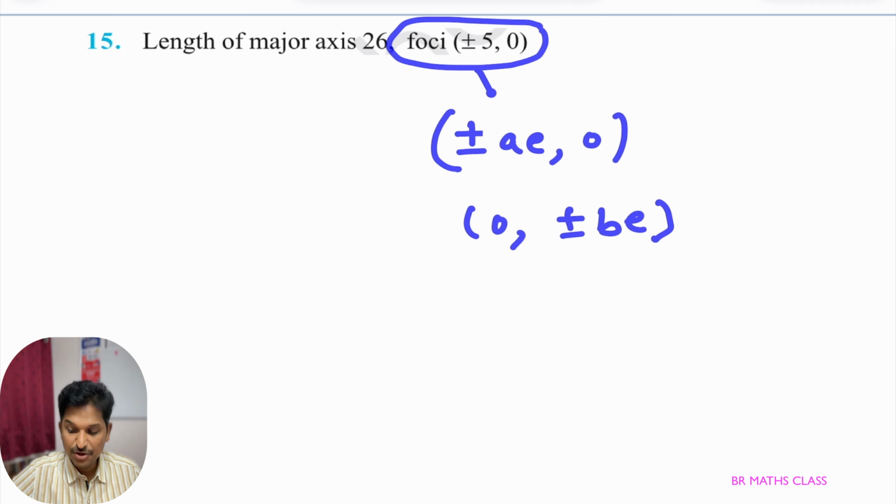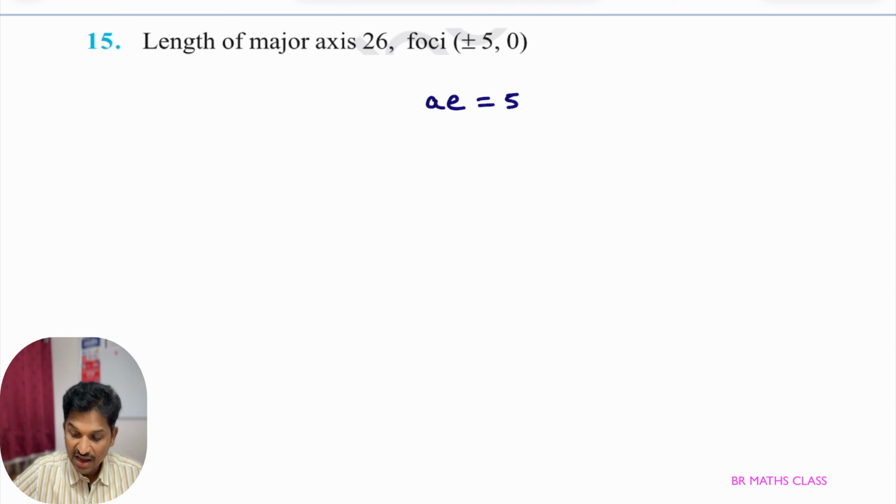We can easily observe that this is first type standard form of ellipse. That means AE value is 5. AE is 5. As it is first type of ellipse, length of major axis formula is 2A. So here 2A is 26. A equal to 13, right?